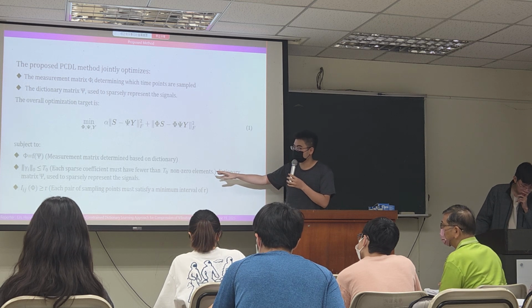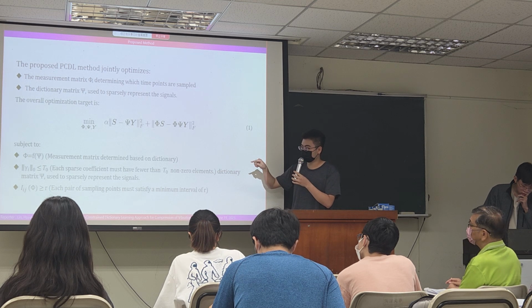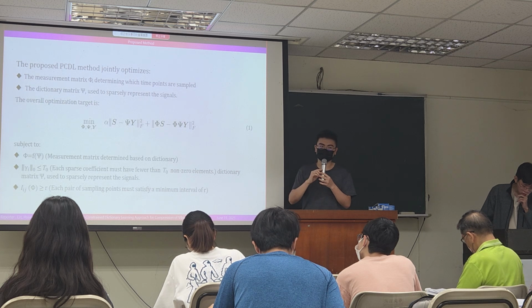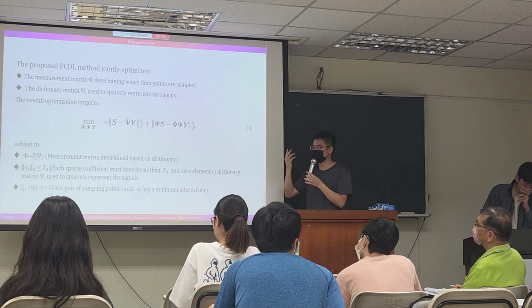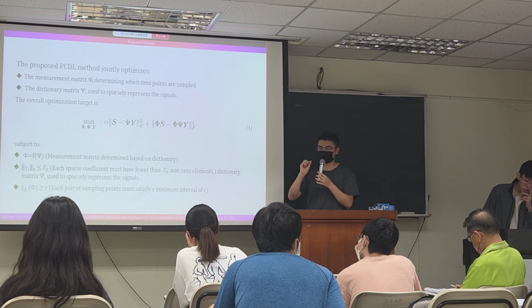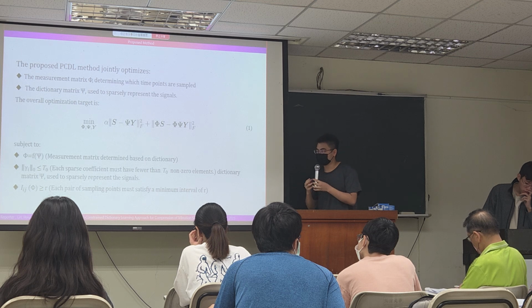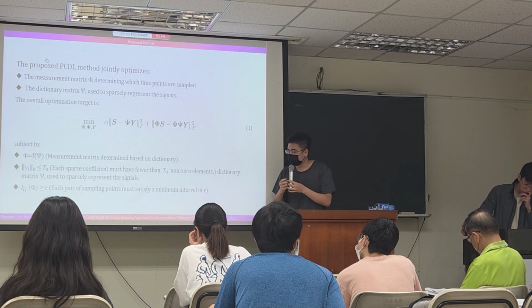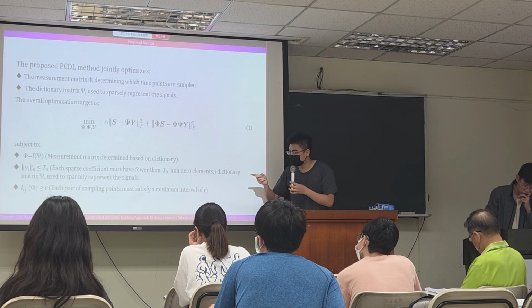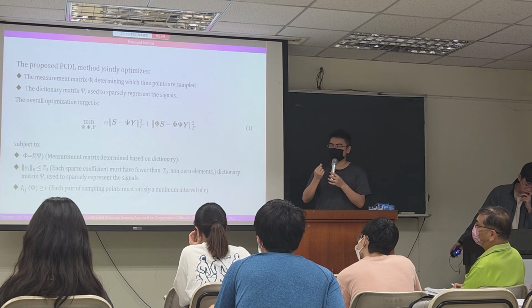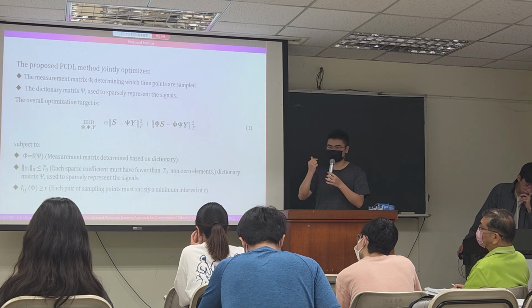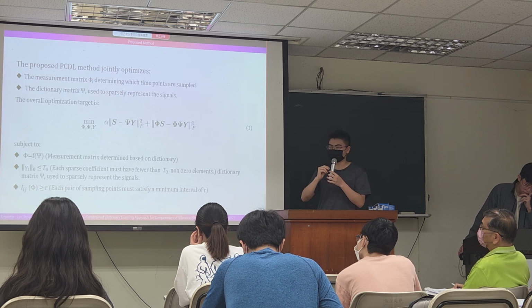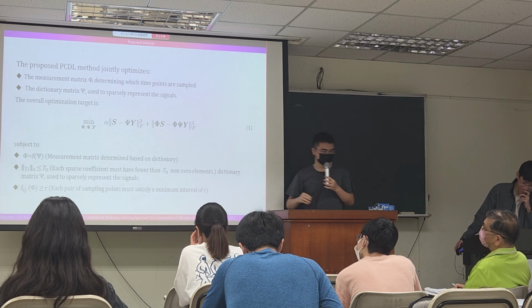The second is gamma less than t sub 0, where t sub 0 means the number of non-zero elements. If it's greater than t sub 0, it doesn't work. And the third is the interval of phi greater than r, the time interval between two samples, so it's greater than r.